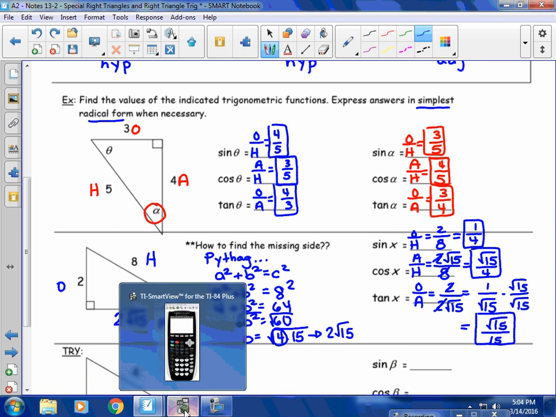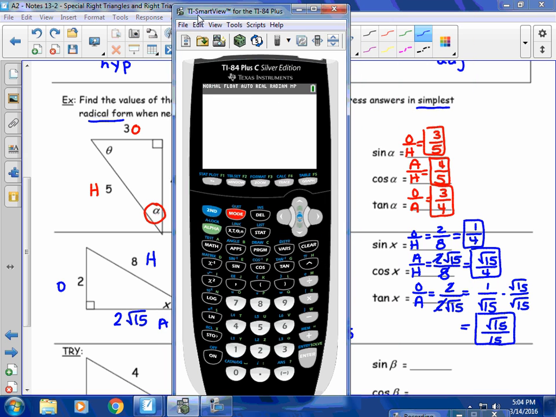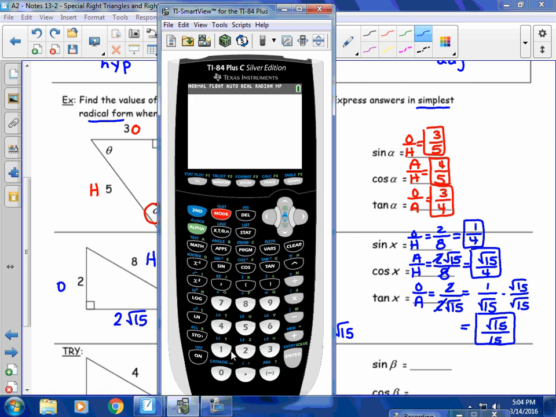Again, just to put it into perspective, I think you understand, but 1 over radical 15 is that number. Radical 15 over 15, same number. They're equivalent.